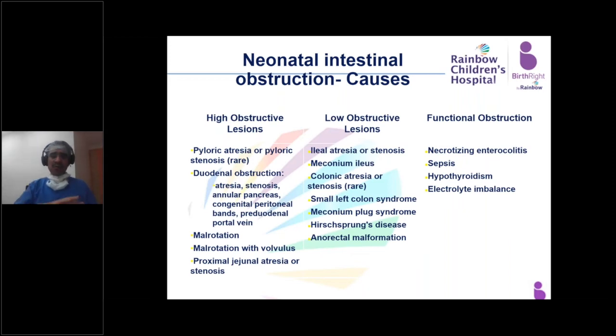On the other hand, for almost all the other causes of neonatal intestinal obstruction, you can always wait 24 to 48 hours without any complications. With malrotation with volvulus, immediate urgent surgical intervention will be needed.